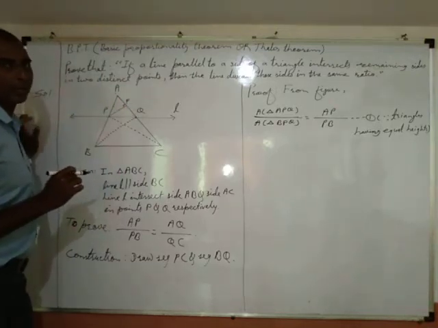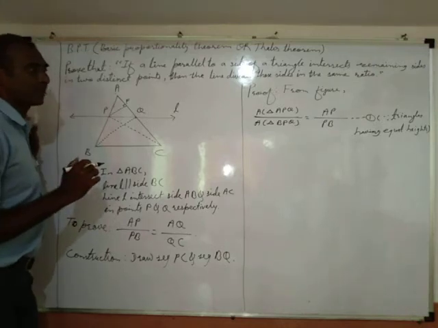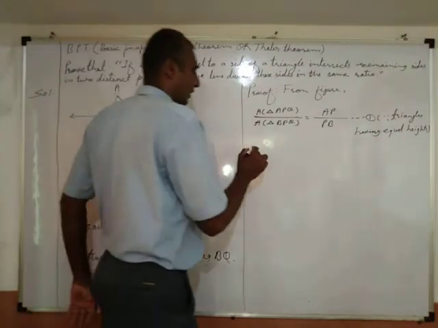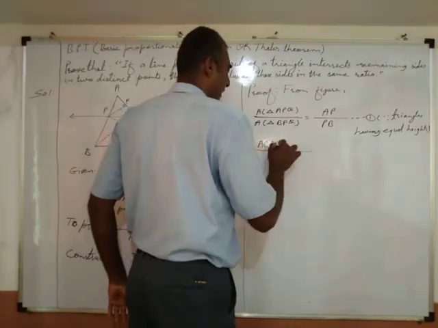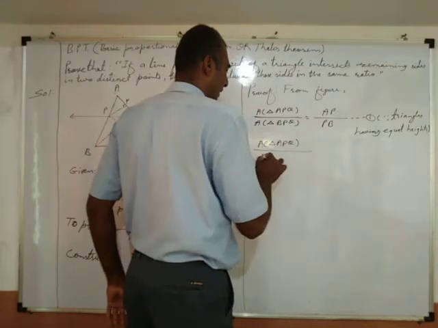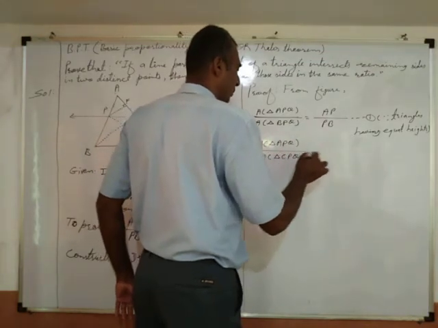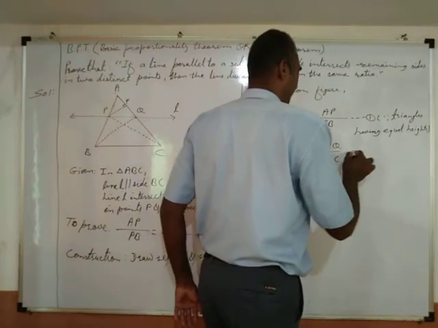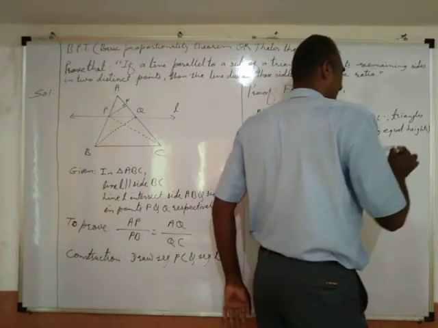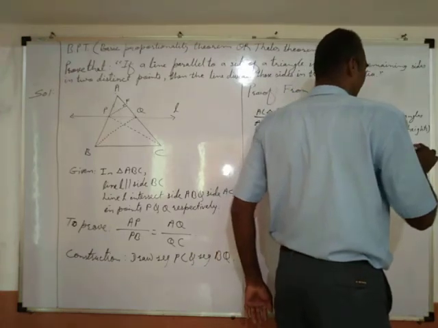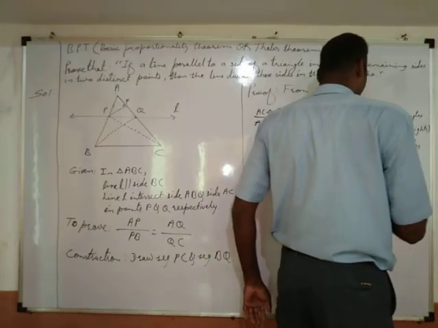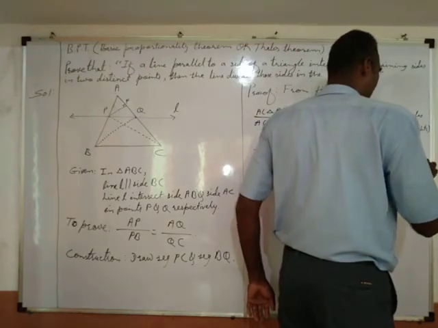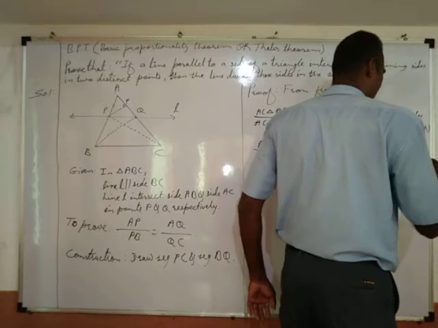And we know that the ratio of areas of two triangles having equal heights equals the ratio of their corresponding bases. That's why here we can write area of triangle APQ upon area of triangle CPQ equals AQ upon QC. Equation second. Since triangles having equal heights.